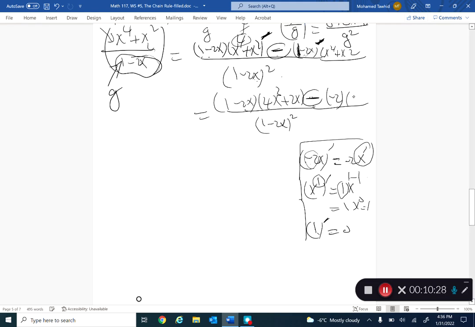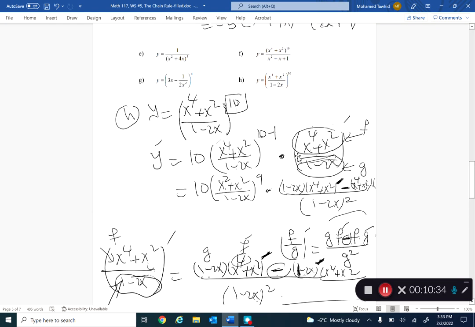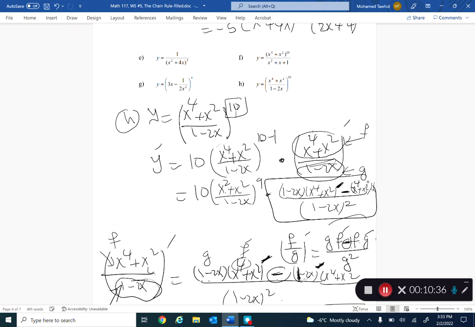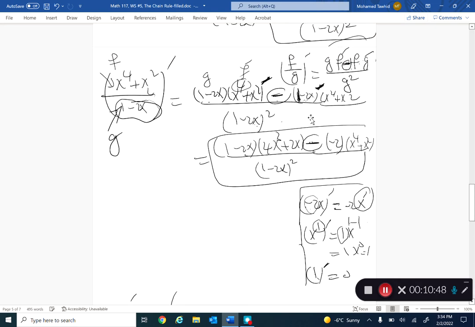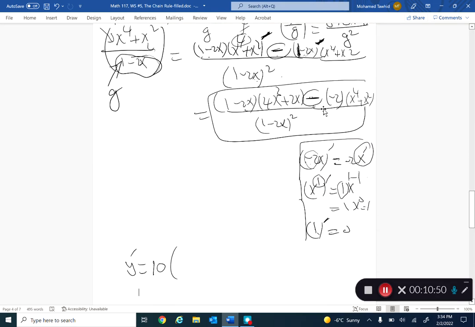So multiply by x to the power 4 plus x squared. You take the derivative here as it is, just go up here and then replace it here. So the final derivative, I need to get y prime here. The final derivative should be y prime equals n, which is 10, and the bracket, just copy the bracket up, x to the power 4 plus x squared, 1 minus 2x to the power 9, and then take the derivative from here as it is.